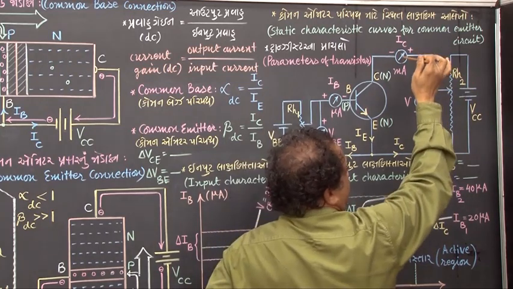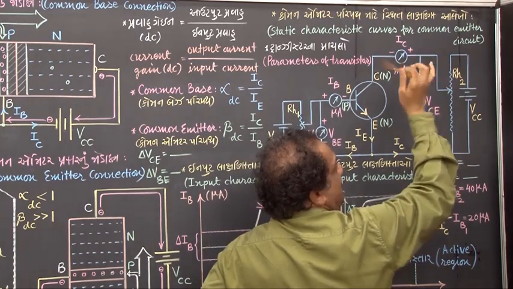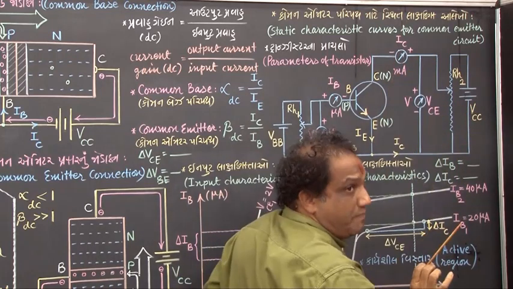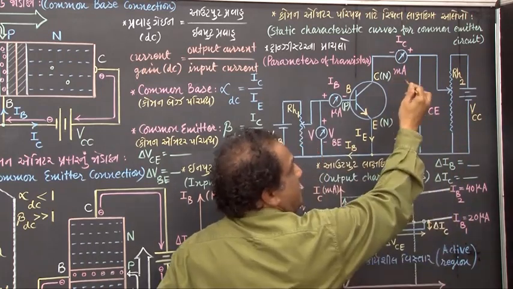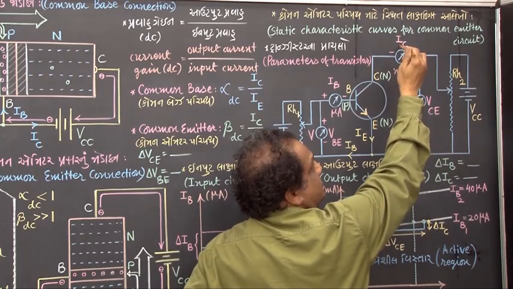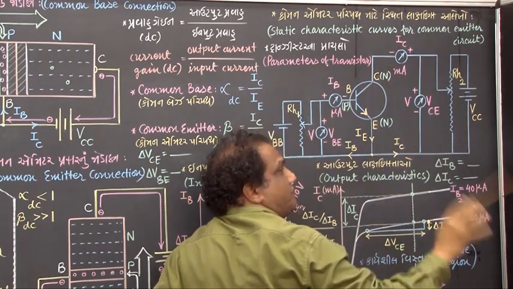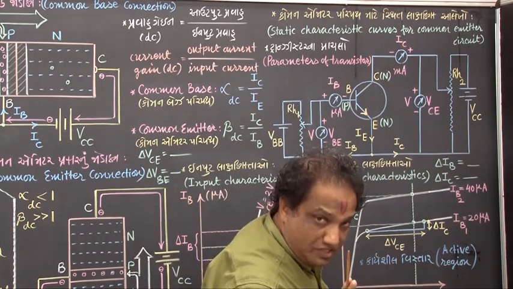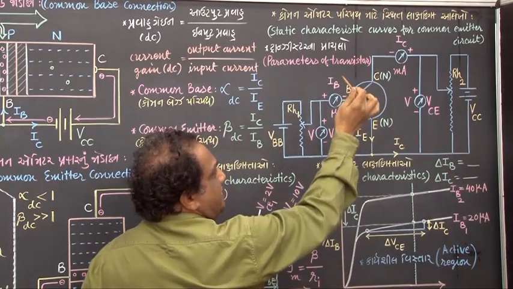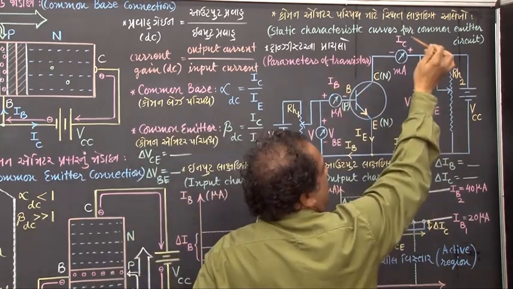Then, in order to measure current passing through collector, which is of the order of milliampere, we connect one milliammeter in series, which measures collector current IC, which we also call output current. Input voltage, input current, output voltage, output current.